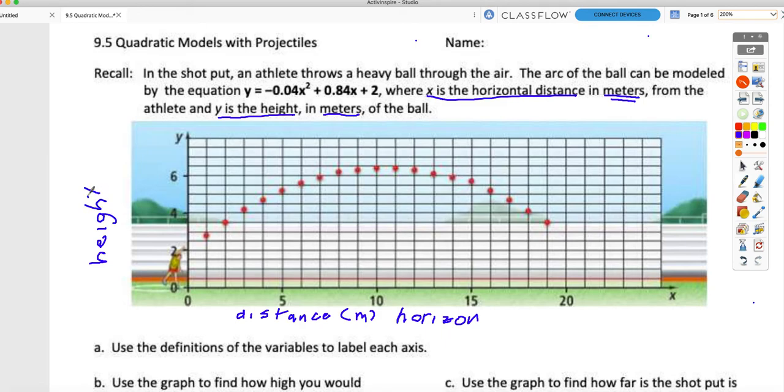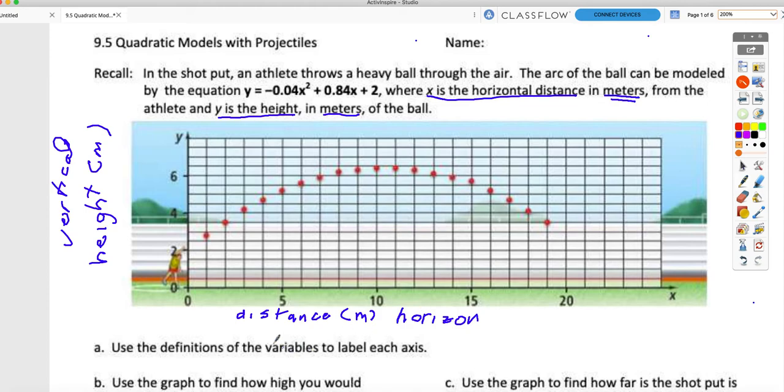And it's not unusual that we're using the metric system here. Instead of feet or miles, we're using meters. So we're putting M here. And this was horizontal. This is going to be vertical. So the height is vertical. The distance, or how far, is horizontal.